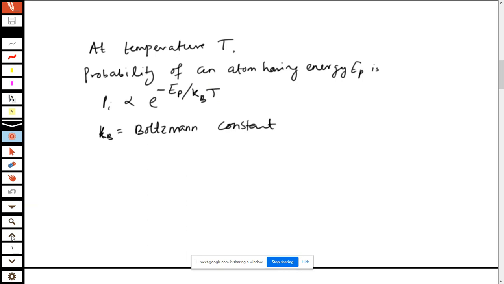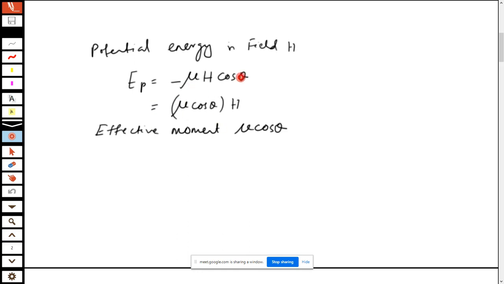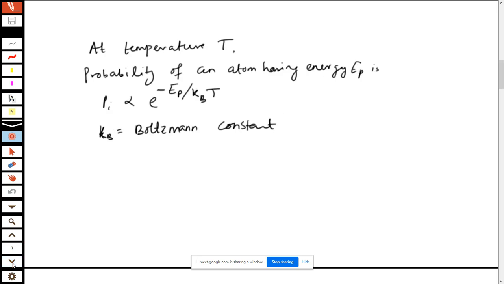Energy EP means this potential energy, mu h cosine theta. So the probability that an atom has a moment mu at angle theta is exponential minus mu h cosine theta by kBT.